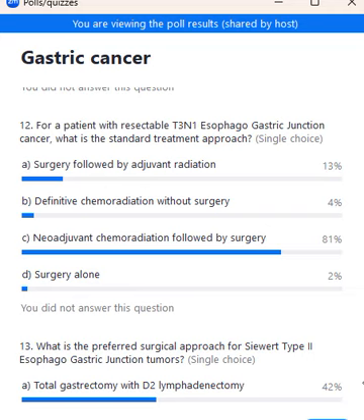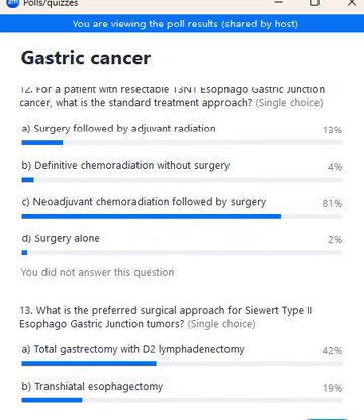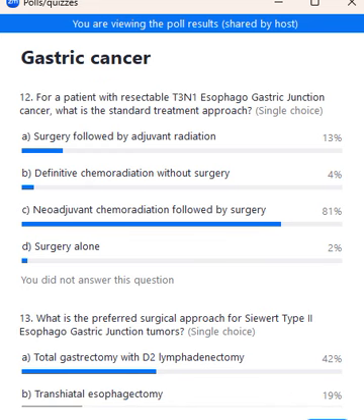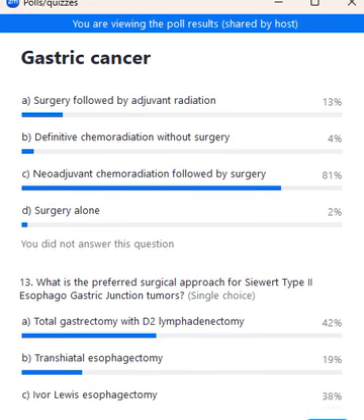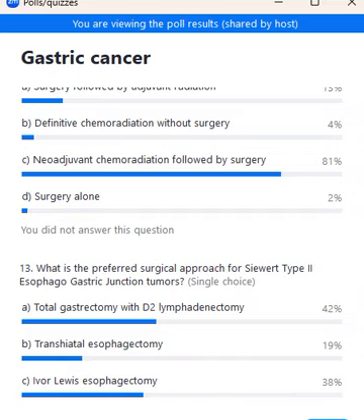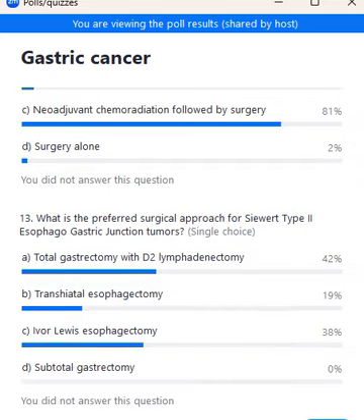Here the correct answer is neoadjuvant chemoradiation followed by surgery. Neoadjuvant chemoradiation such as the CROSS regimen, that means carboplatin and paclitaxel with radiation, improves survival, and it also increases the rate of R0 resection and resectability for locally advanced disease. Here 81% of students gave the correct answer.